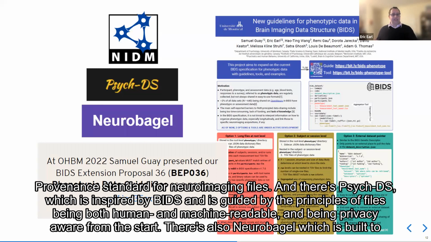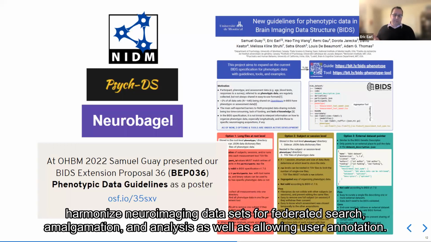And there's CiteDS, which is inspired by BIDS and is guided by the principles of files being both human and machine readable and being privacy aware from the start.